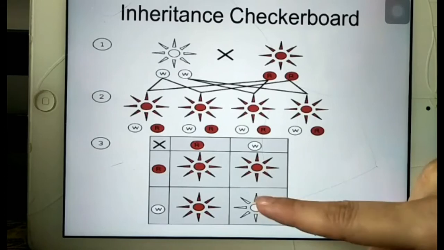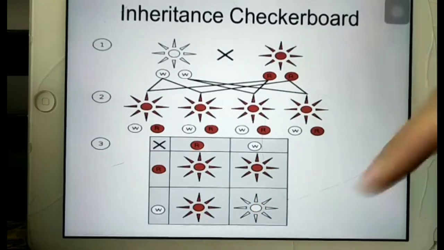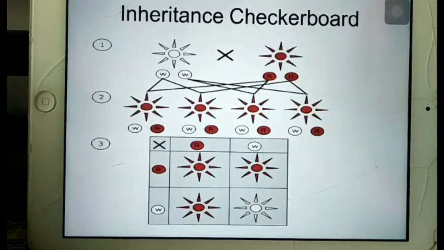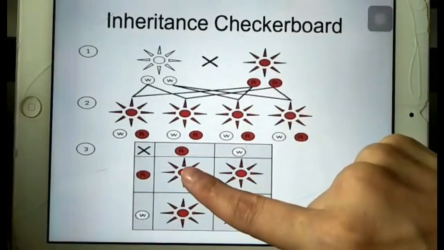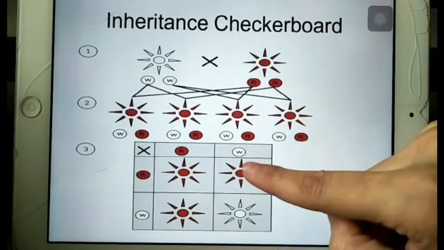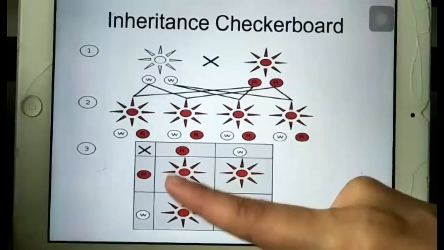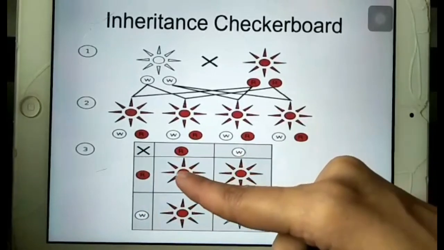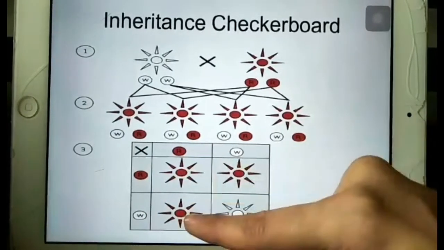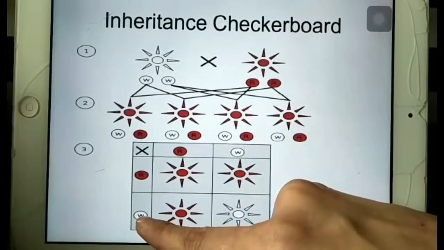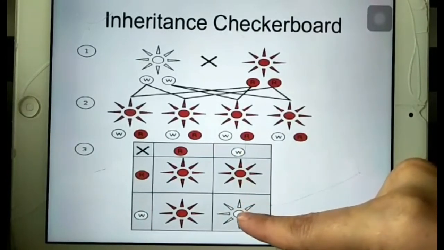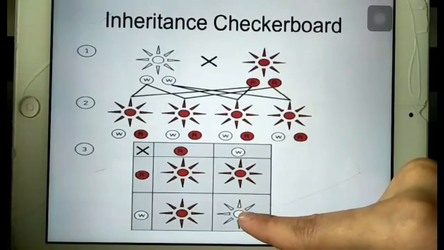So in the third generation we can easily see the difference: we have 3 red-eyed offspring and 1 white-eyed offspring. Of the red-eyed birds, this one is a homozygous offspring and these two are heterozygous offspring. But when we cross a white-eyed bird with a white-eyed bird, there is no dominant gene available, so white will make its appearance and a white-eyed offspring will be produced.